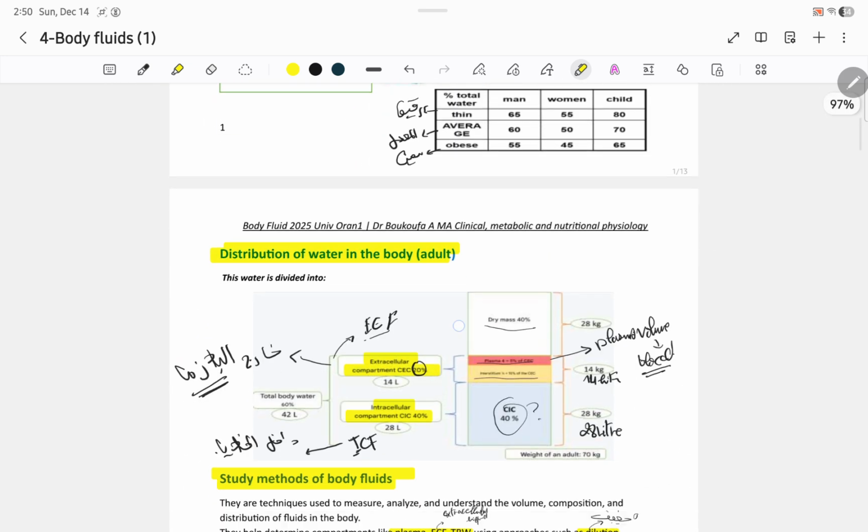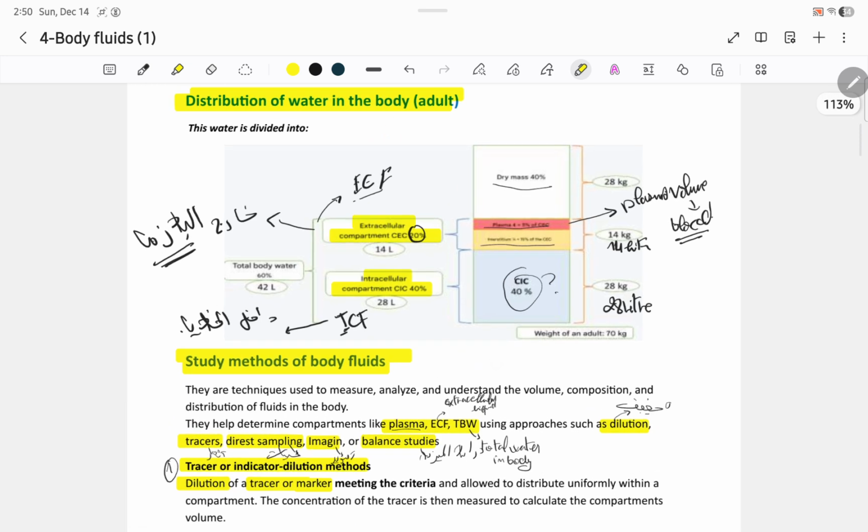So here we can enter into the distribution of water in the body. The water is divided into the extracellular fluid or the extracellular compartment. We can write it like that, ECC or ECF. To not be confused, when we say ECC, it is the extracellular compartment.